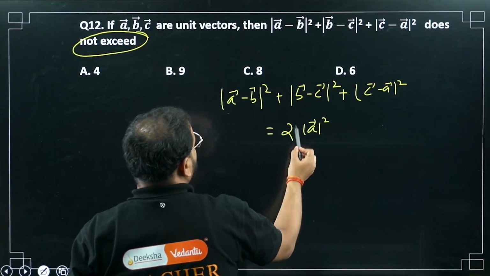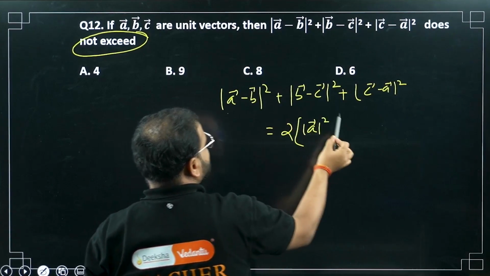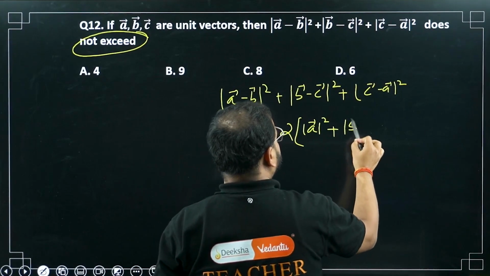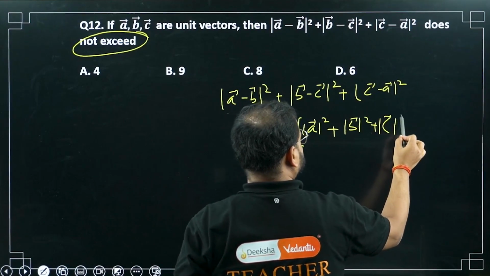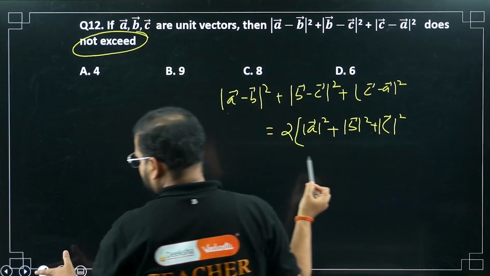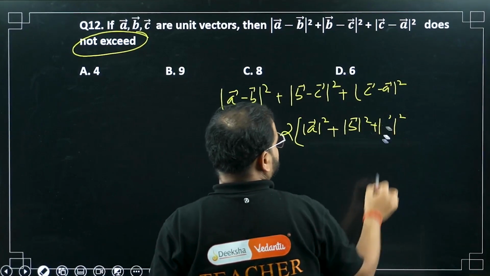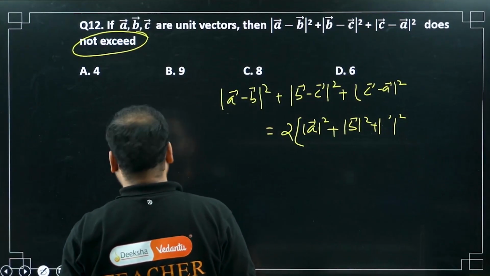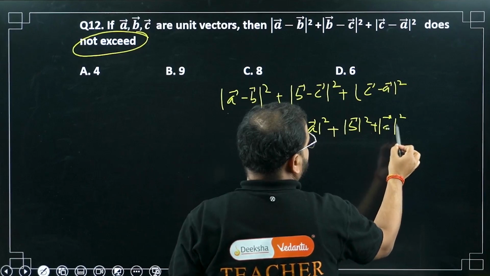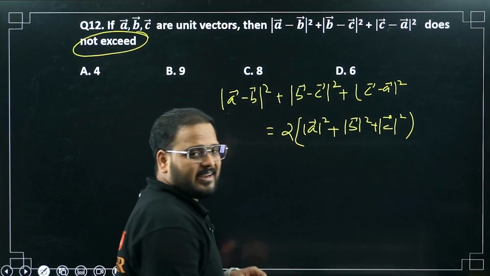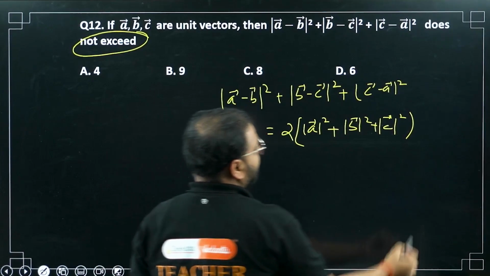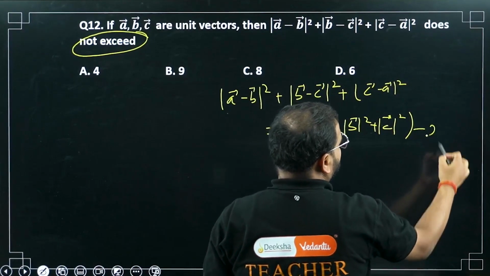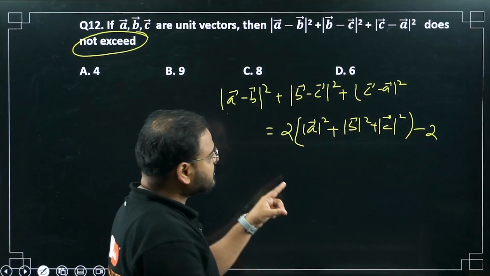Same way I'll get B square and C square also, so twice of B square plus twice of C square. And now what am I going to get next? I'm going to get minus 2 times A dot B, B dot C and C dot A.